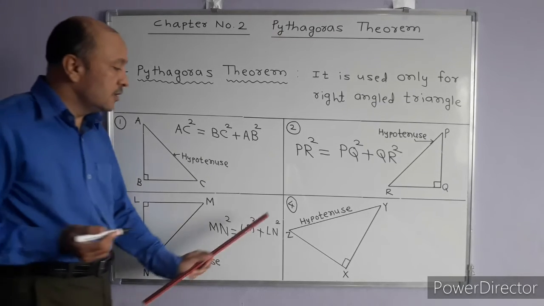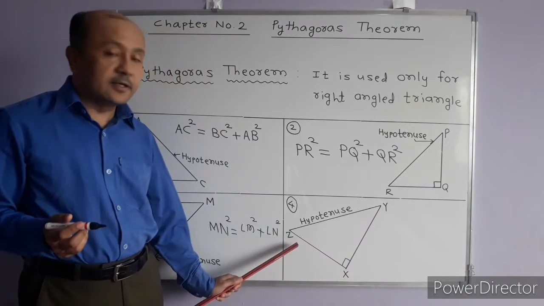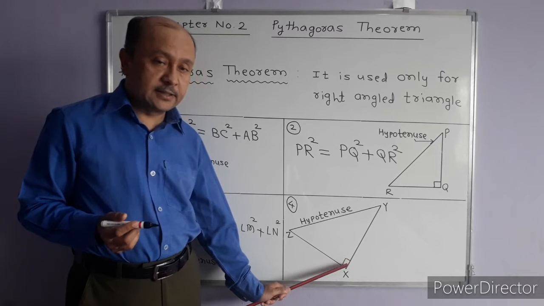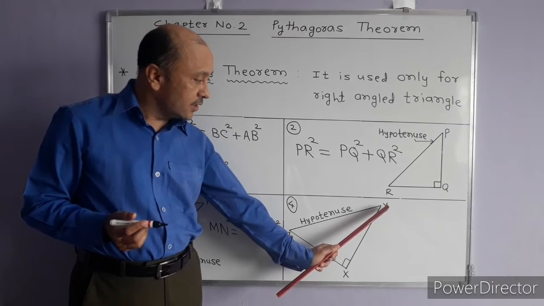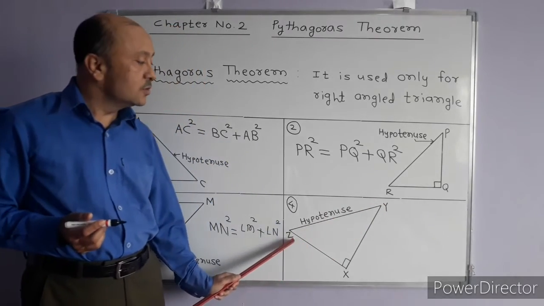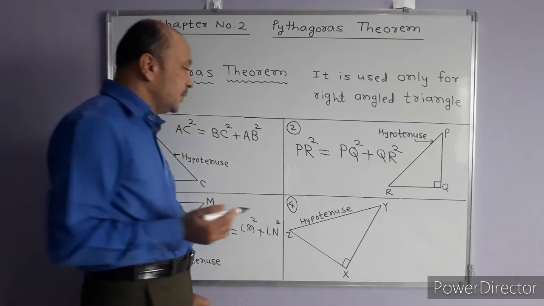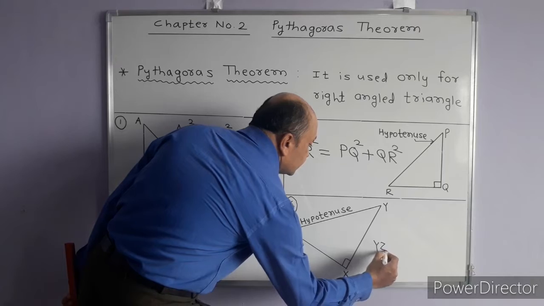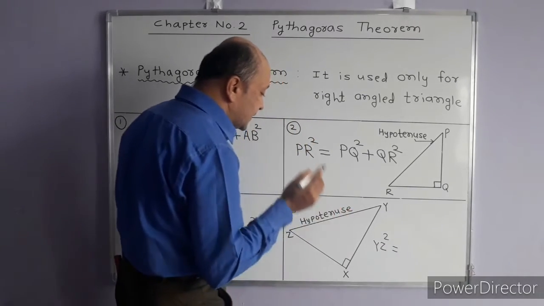So let us see the next figure, that is triangle XYZ is a right angle triangle. So the right angle is formed at X, then the side opposite to right angle is YZ. So it is known as hypotenuse. So what is the statement of Pythagoras for this figure? That is YZ square is equal to remaining two squares and their sum.